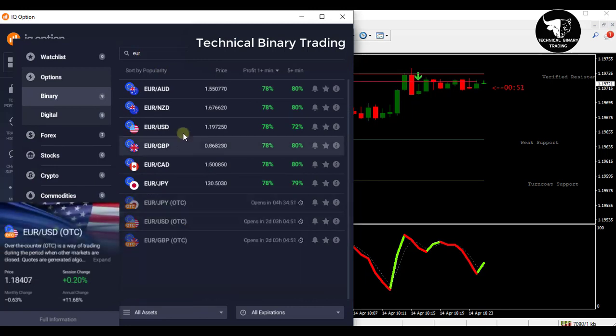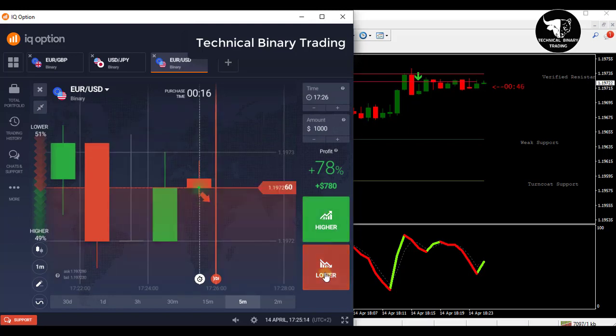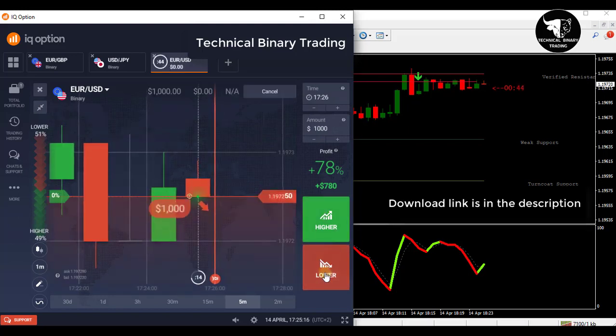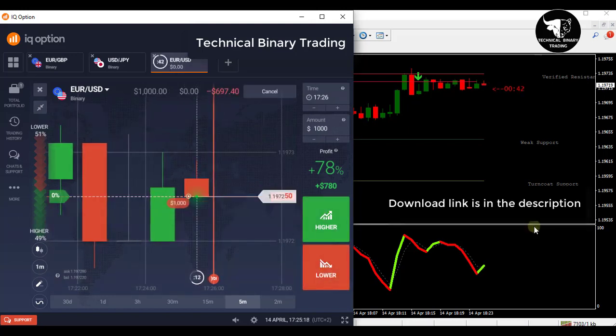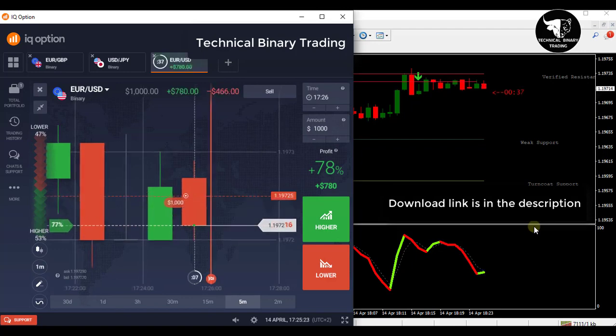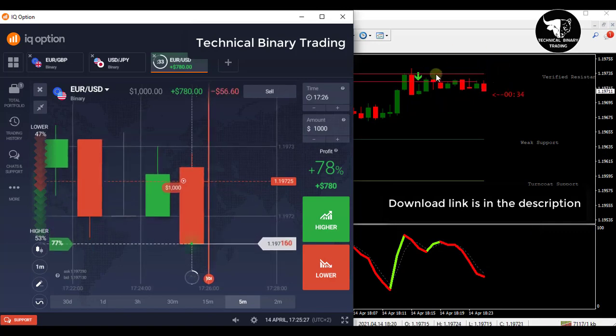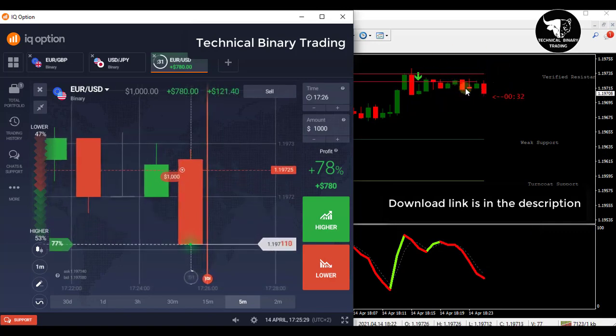On this chart, you can see the candles are touching the verified resistance line. I will take a down trade. I am showing you different methods of trading on this indicator, but you should wait for the proper signals. I would recommend you to practice it on a demo account.